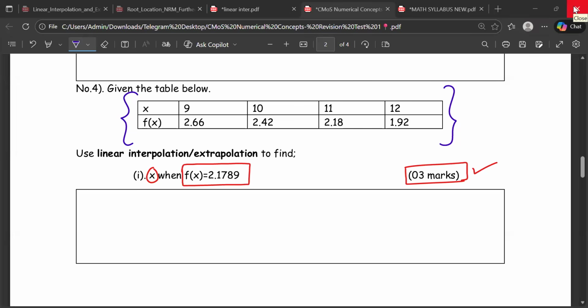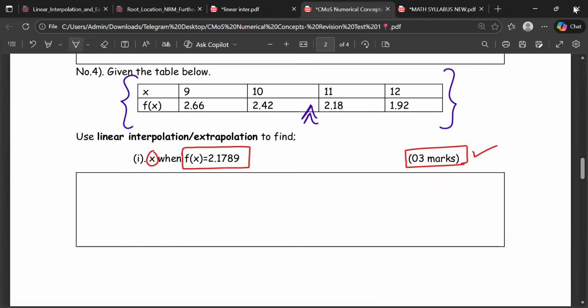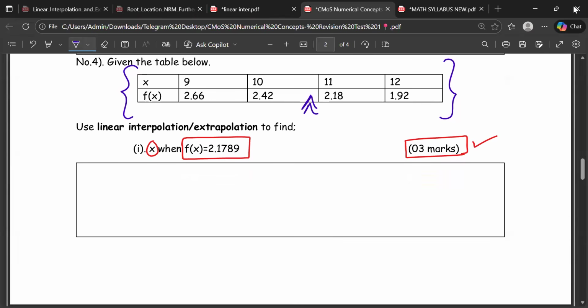So that is it. The moment you realize that what you're looking for is in between, and now we know that you're going to use linear interpolation, you've passed. So you're going to draw the table. This is what we always do. You draw the table. Are you listening?